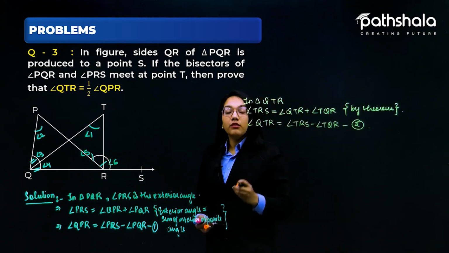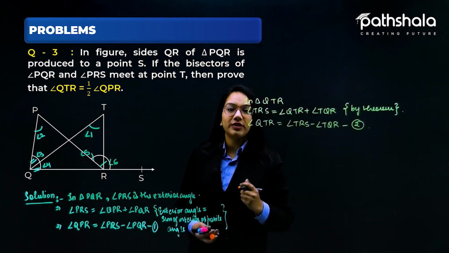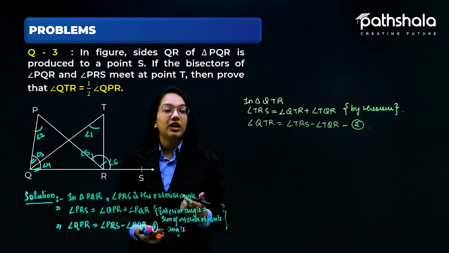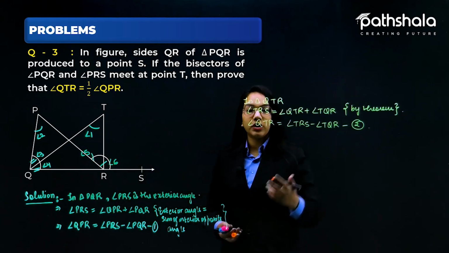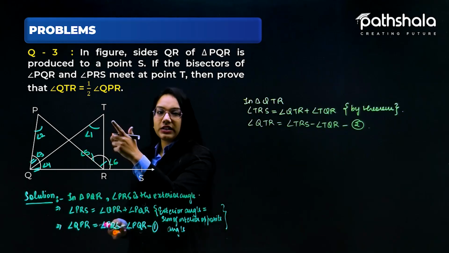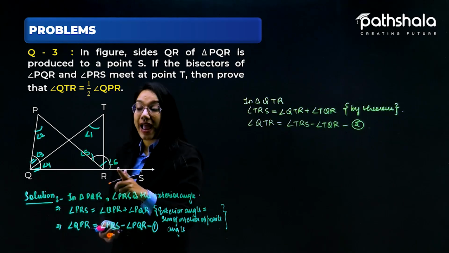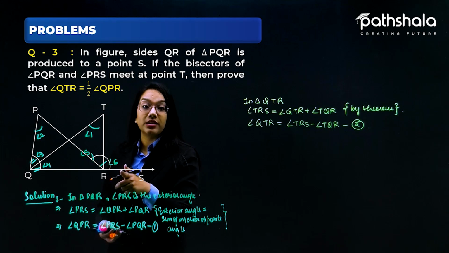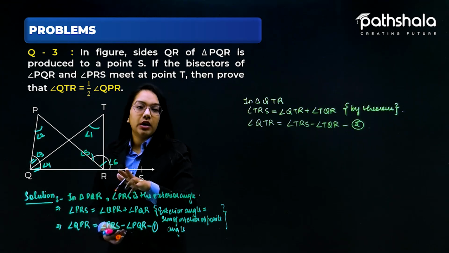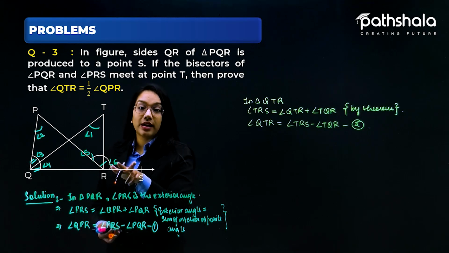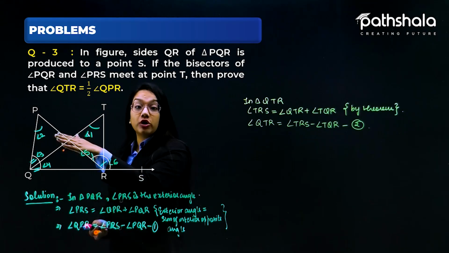Now we can find the values of TRS and TQR. The TRS angle is actually angle 6, and you can see by yourself that this angle is half of this whole angle.